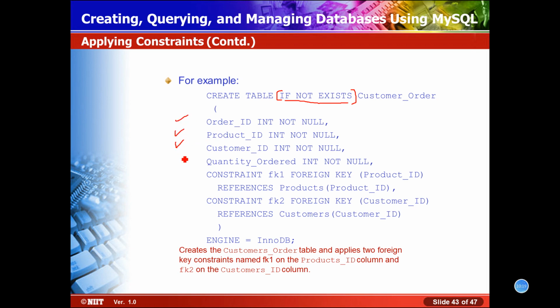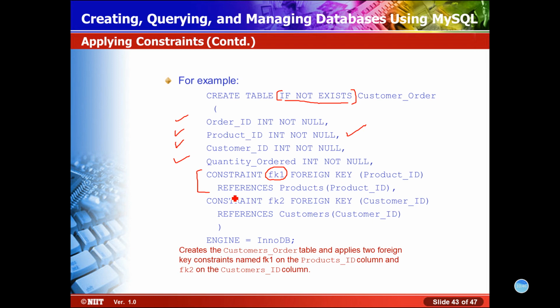Now look at this line here. Now here I'm creating a foreign key. So constraint fk1. Okay, this is the name of the foreign key. Sorry, this is the name of the constraint. Foreign key product ID. So which column do you want to be a foreign key? This column. Okay, this is going to be my foreign key, and it will reference which table?